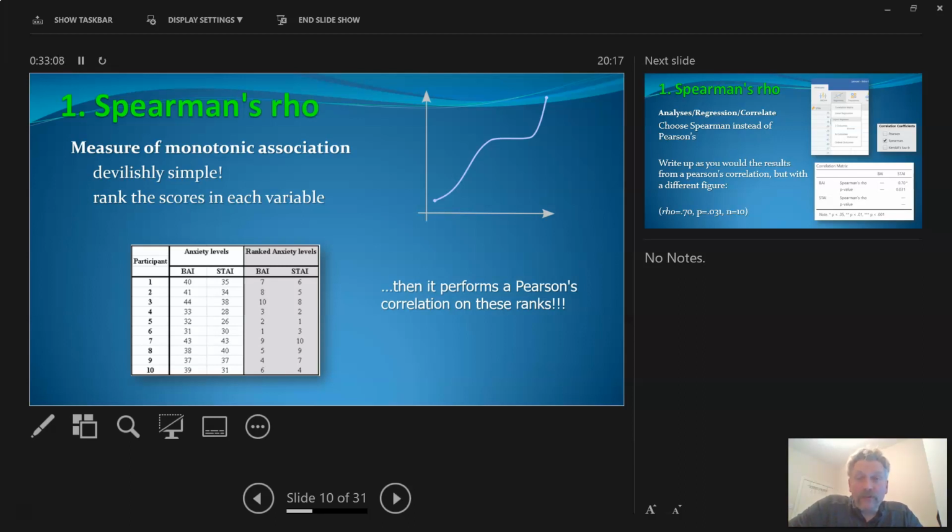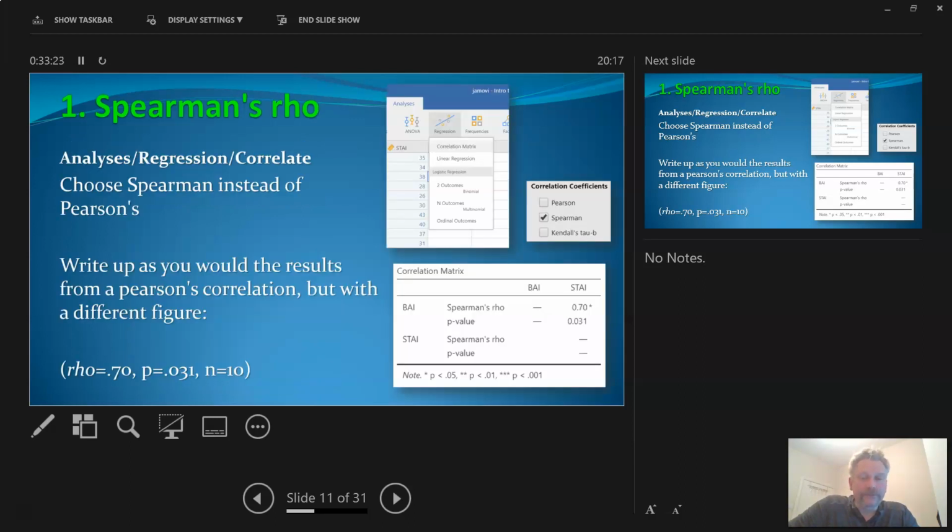When we teach you more about correlations in future, what you'll realize is that from this point on, we do something called the Pearson's correlation, which is the parametric equivalent to the non-parametric Spearman's rho.